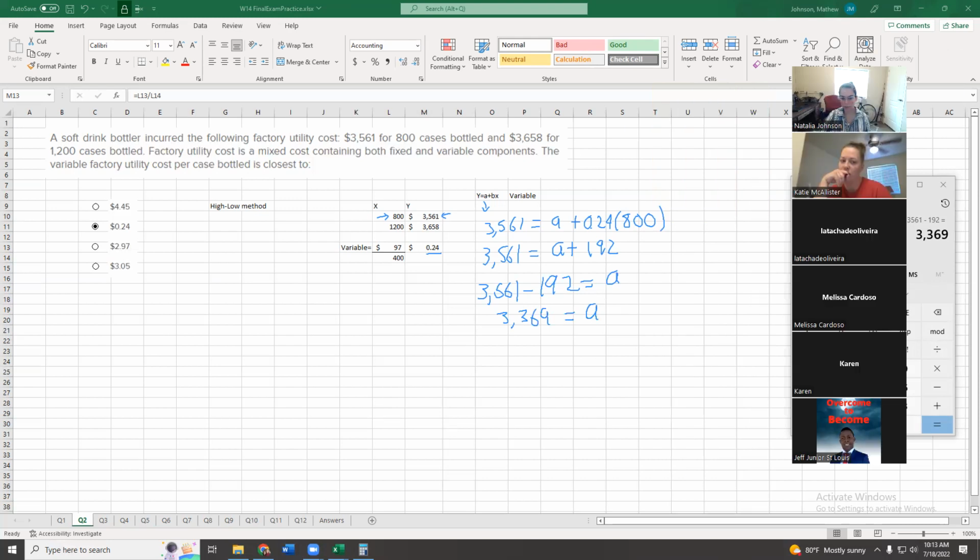Like that, we know that this is the total fixed cost, and this is the variable per unit using this formula.